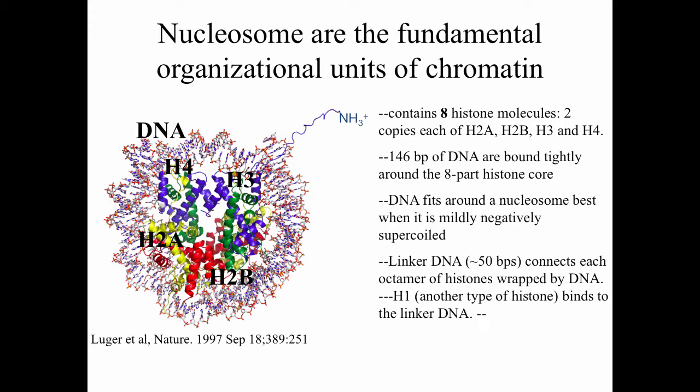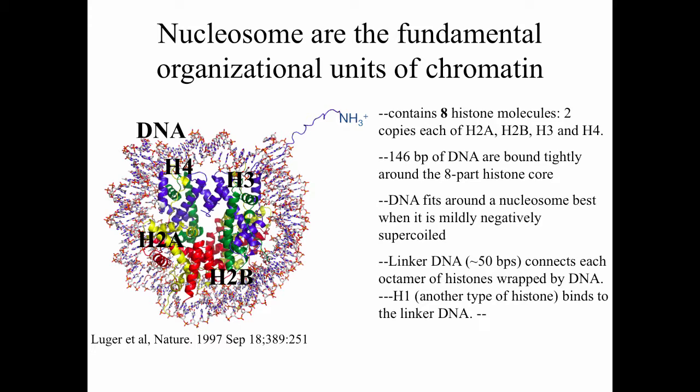It's not actually shown in the structure, but the nucleosome includes linker DNA, so that's about 50 base pairs of DNA that essentially connects between each octamer of histones that's wrapped by DNA. So for example, here's double-stranded DNA, and here's some histone proteins, and then this would represent a nucleosome.